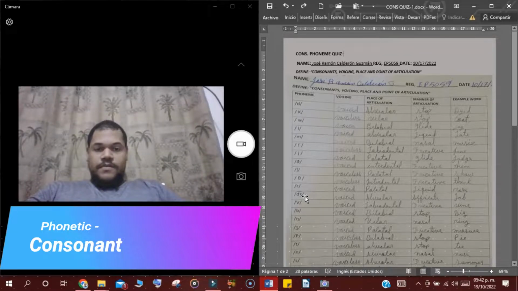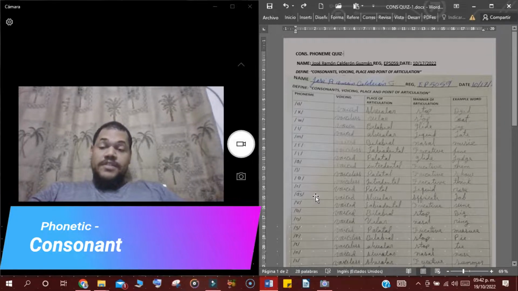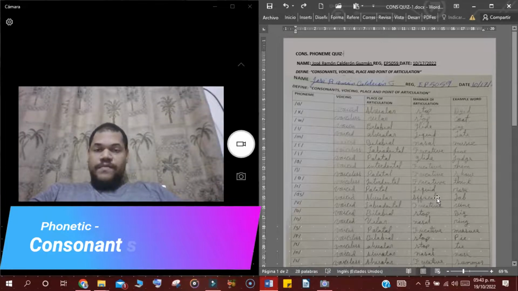Now we have the combination that is kind of a D and a 3. That is the combination for the sound j. It is also the representation of the CH sound. That one is voiced and also is alveolar. And that's the one called affricate. What does affricate mean?